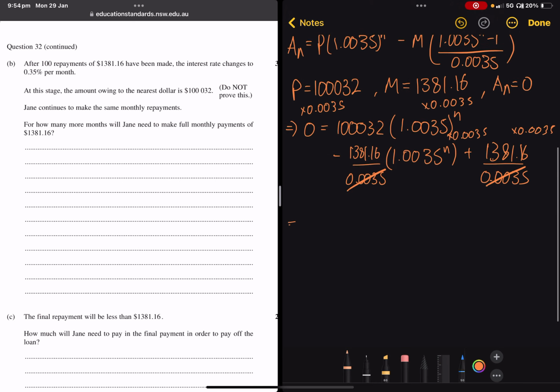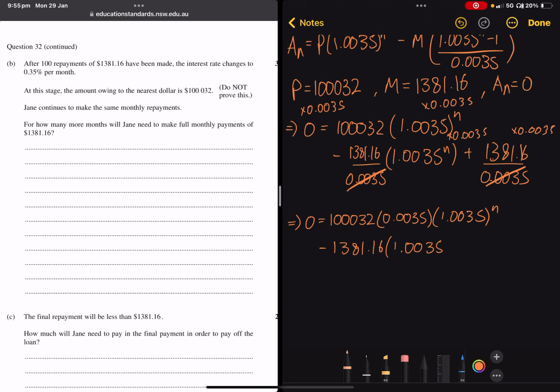This gives us 0 is equal to 100,032 times 0.0035 times 1.0035 to the power of n minus 1381.16 times 1.0035 to the power of n plus 1381.16.